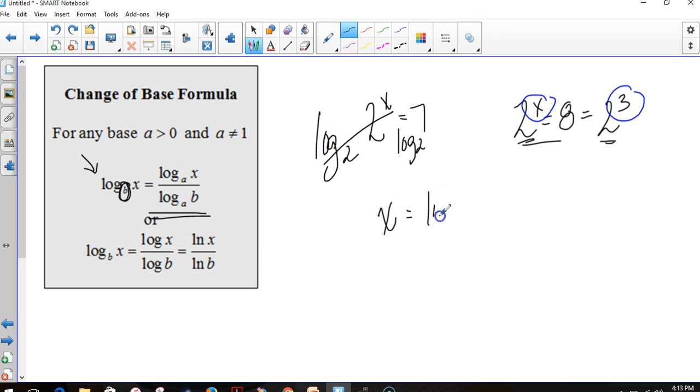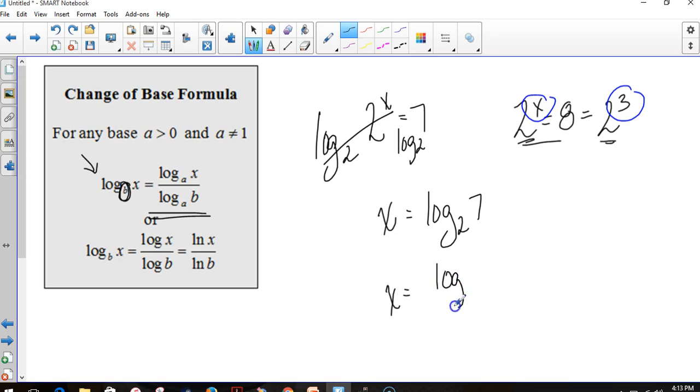And then this side is now a log base 2 of 7, which I don't have any way to deal with in my calculator. I don't have a log base 2 button. I only got a log base 10. And so what change of base says, well, you can pick your base, any base you want, so I'm going to choose 10 since that's what my calculator has.